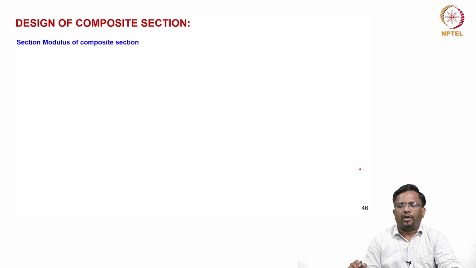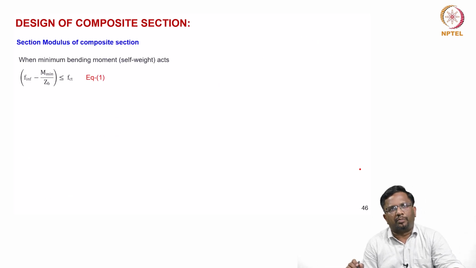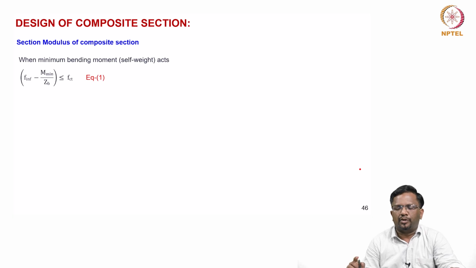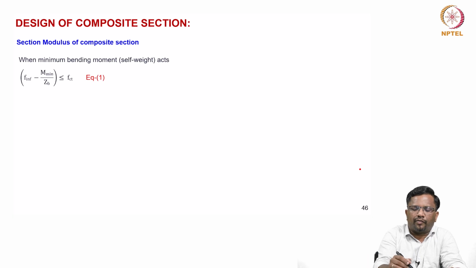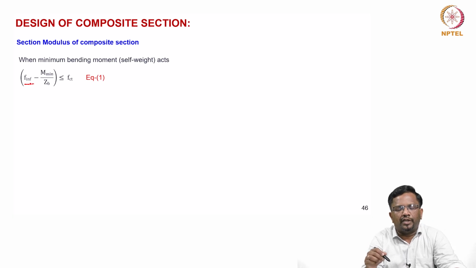Now let's see how you calculate the section modulus of the composite section. Again, as I told you, we have to satisfy the stress limits. Let's say F inferior is the stress due to pre-stress at the bottom of the precast.